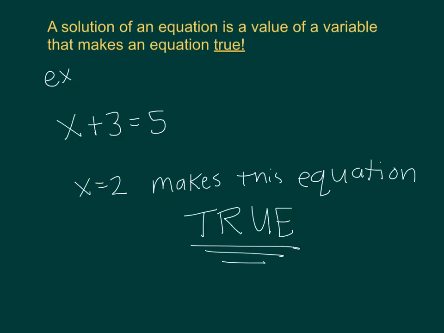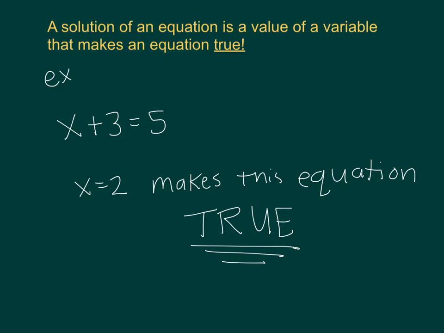So when you see the words find the solution or solve the equation, we need to know what that means. A solution of an equation is a value of a variable, something like x equals 6 or y equals 35. That's the value of a variable that makes an equation true.